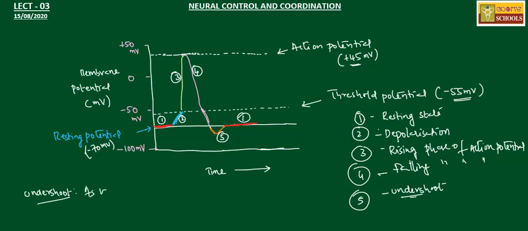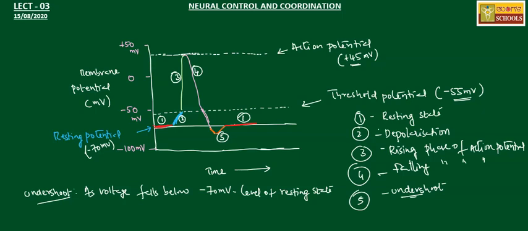As the voltage falls below minus 70 millivolts, that is the level of the resting potential, that is what we call undershoot.